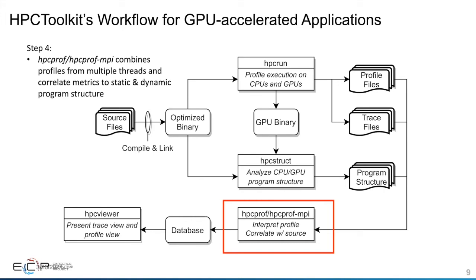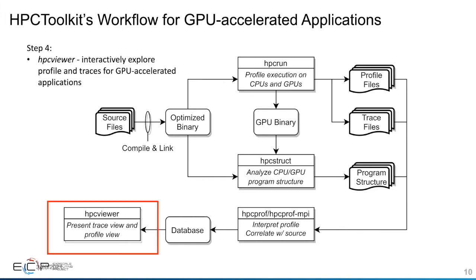We're going to correlate the information in the profiles to the static and dynamic program structure. Static program structure like procedures and loop nests, and dynamic program structure meaning call chains. And then finally, the last step is to use the HPC viewer user interface to present the trace view and the profile view, depending upon the information that you've collected during the measurement phase.